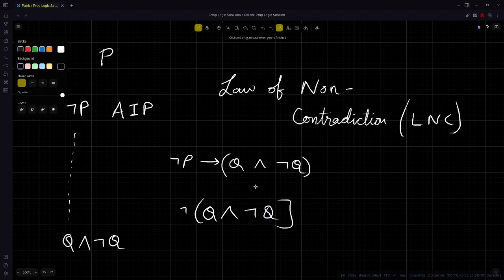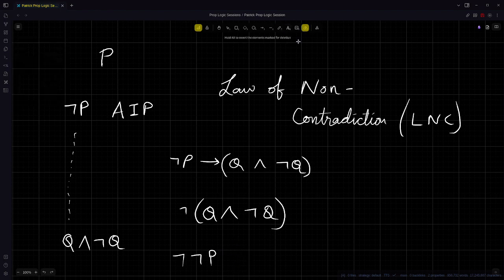This is just a statement of non-contradiction. Law of non-contradiction says contradictions are false. So not Q and not Q, and you just do modus tollens on that, and you get not P, which is the same as P, right? Yeah.